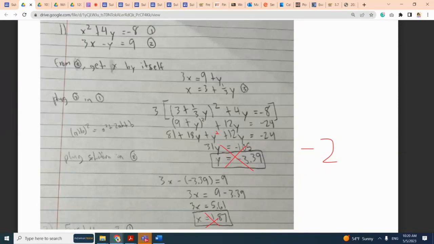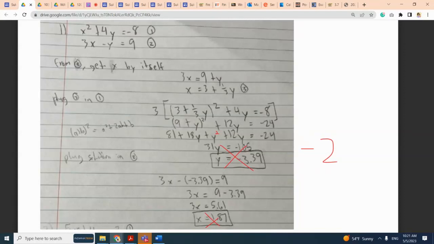Okay, and then here, 9 plus y squared is 81 plus 18y plus y squared. So that's why this is y squared. You have a quadratic equation. And then you solve for y. So this is not a linear equation, it's a quadratic equation. You get 2 roots, and then you plug in to find the x values.